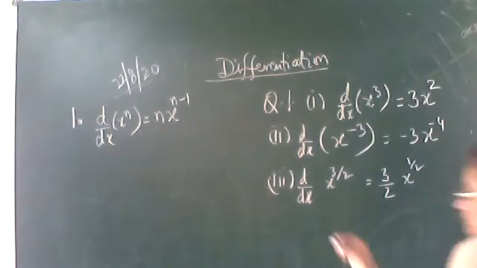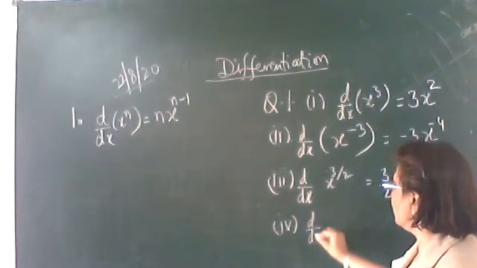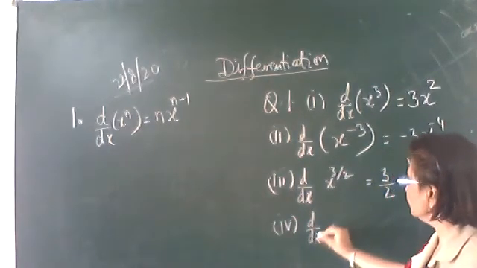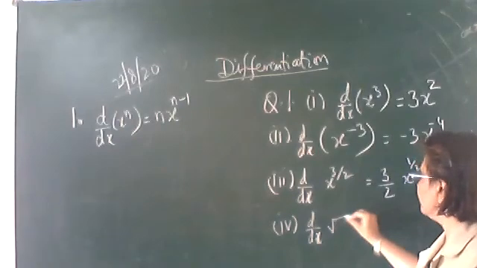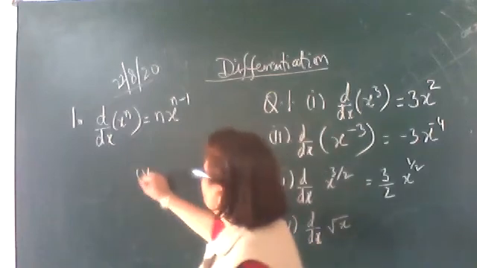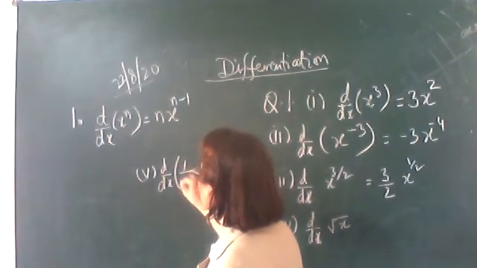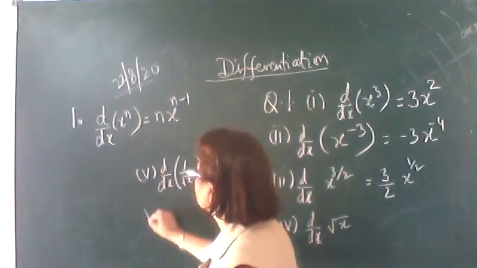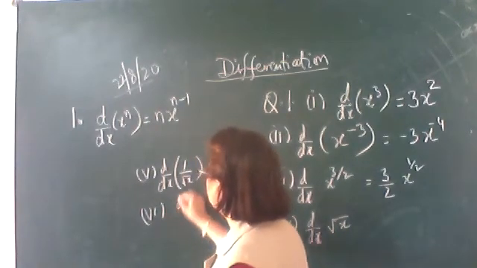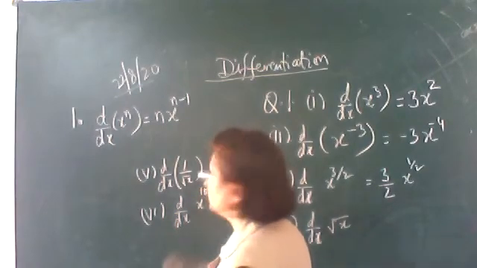Okay, I give you 3 more parts. Hurry up, do it. d by dx of under root x, d by dx of 1 upon root x, d by dx of x raised to the power 100.